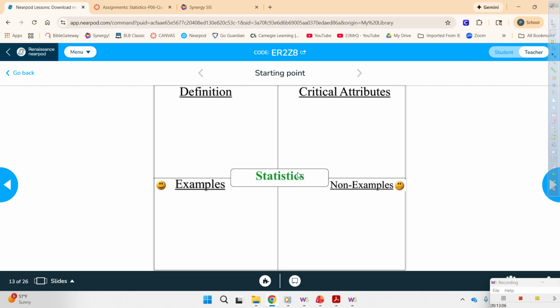Statistics are... yeah, better have the word scientific or a science. Ten, 9, 8, 7, 6, 5, 4, 3, 2, 1.